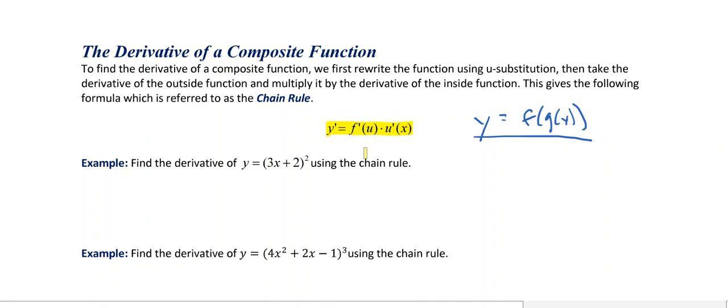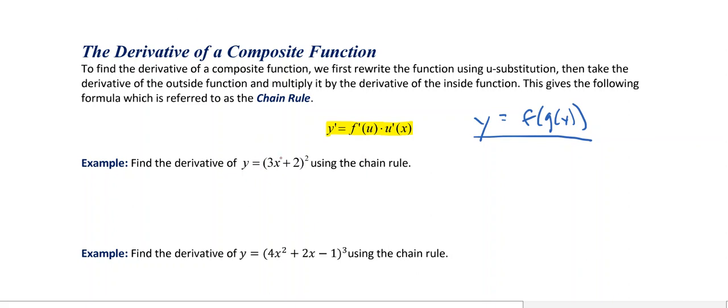Now, I haven't exactly explained in this video what f of u and u are, because I'm going to show you a shortcut method for finding the derivative using the chain rule. I'll demonstrate that with this first example.